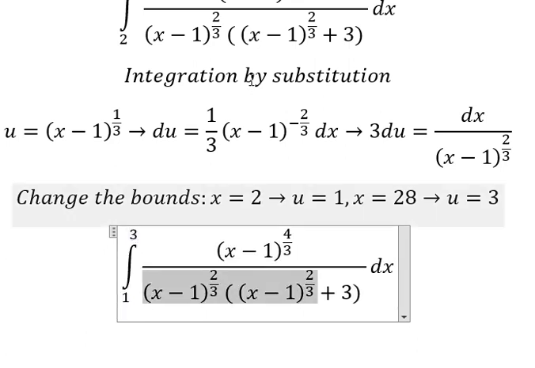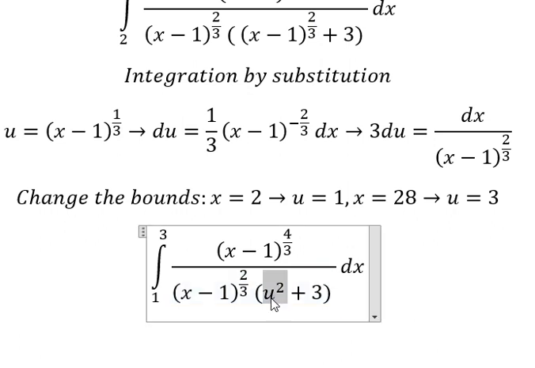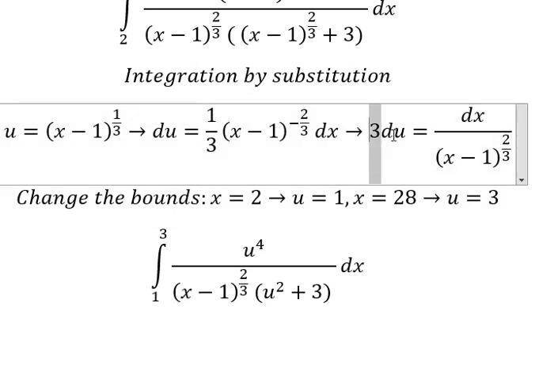This one we need to change by u, so here we have u squared, because we have the power of 2. This one we change to u to the power of 4, and dx we change to 3 du.